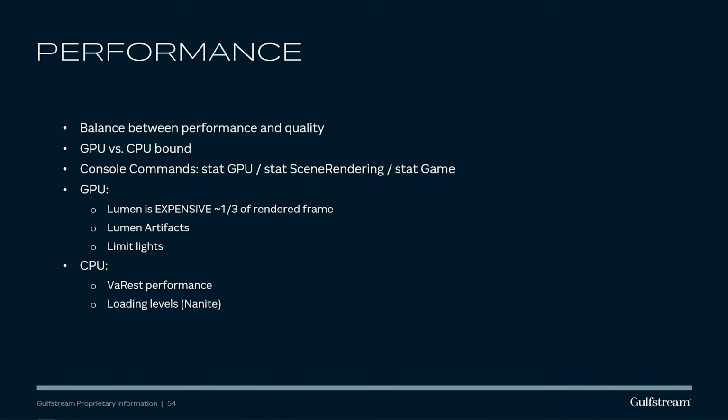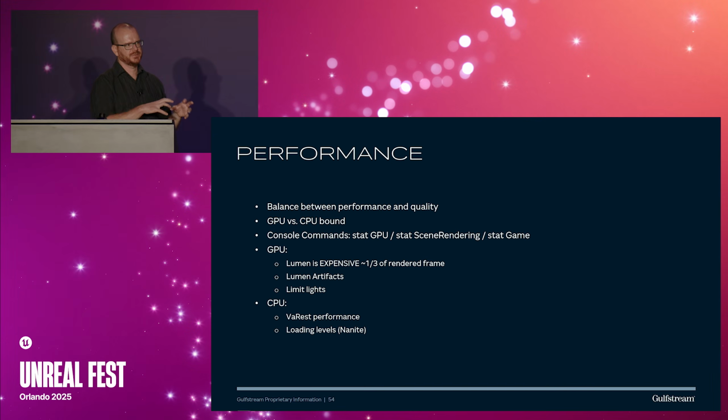And then loading levels, Nanite is obviously heavier than the way things used to be. So when we load the levels, we had to do some performance things. Because we're loading so many different variations of the interior, every one of those variations would load at the same time. So we had to change some things so it would only load whenever you were using that particular element.